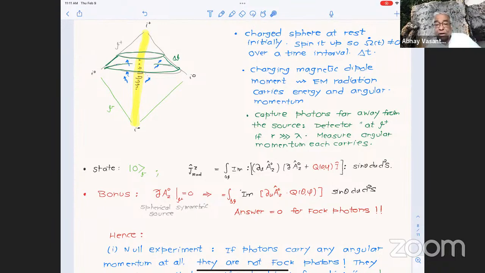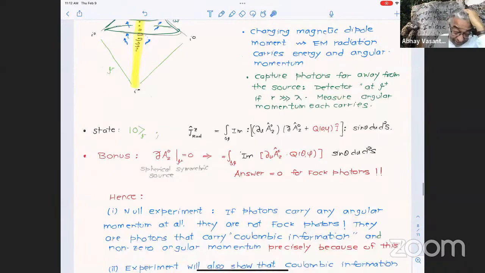Just as in a tabletop laboratory scattering experiment, you say that something comes in from t equal to minus infinity and goes to t equal to plus infinity. It's just happening in the lab, and that is an idealization. The same thing is true here. Scri is just an idealization. So if I got an incoming state, then the angular momentum that is radiated away would be given by the imaginary part of this part up here.